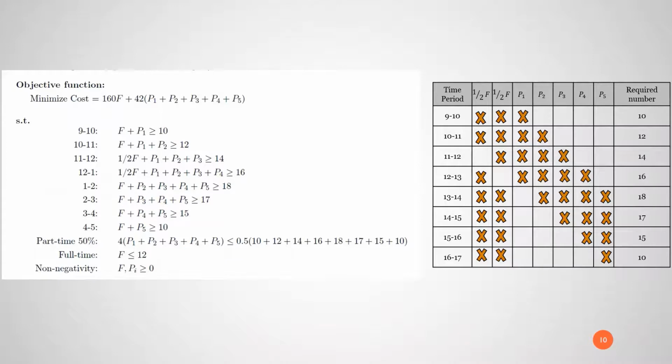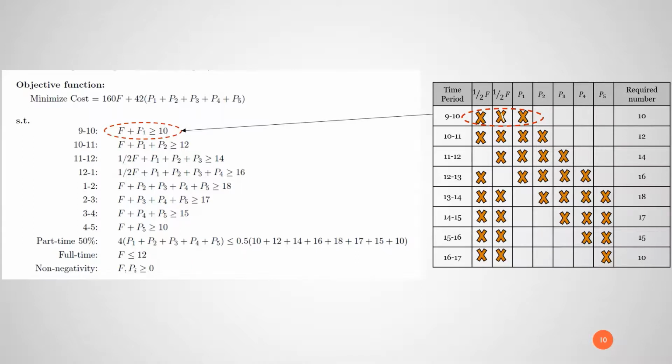Between 9 to 10, as you can see, only full-timers and the group 1 of the part-timers can work. The summation of these 3 groups should at least be equal to 10. I cannot assign less than this number. It can exceed 10, but accepting more costs, but according to the policies, we cannot go under this value.